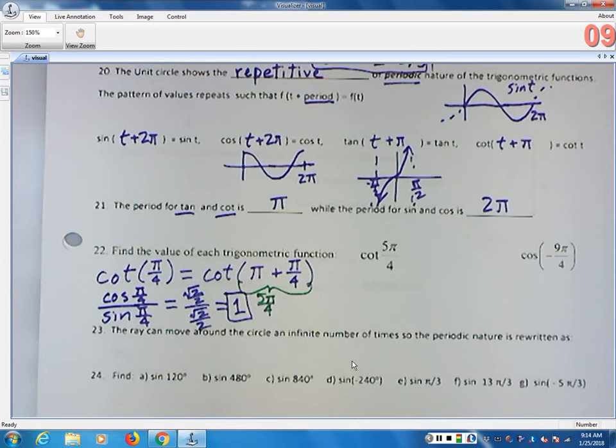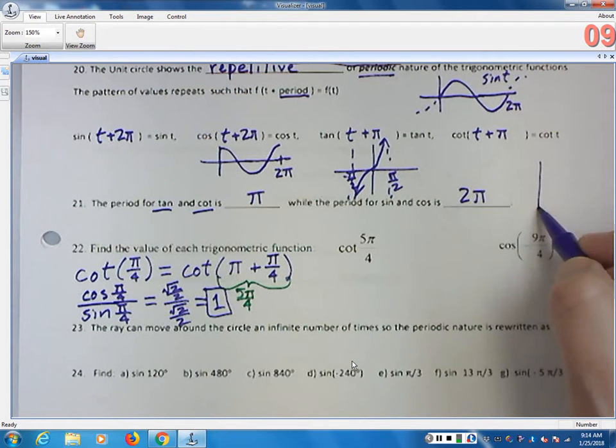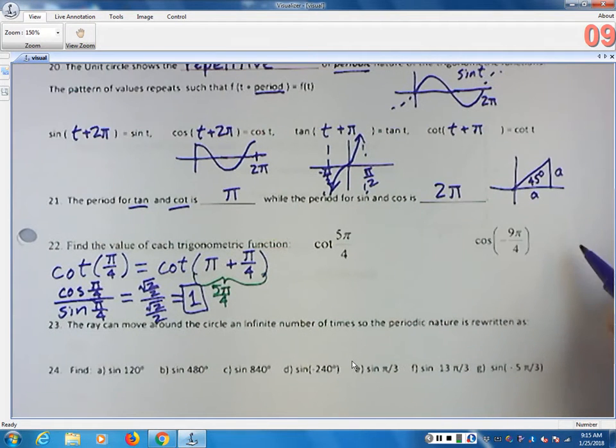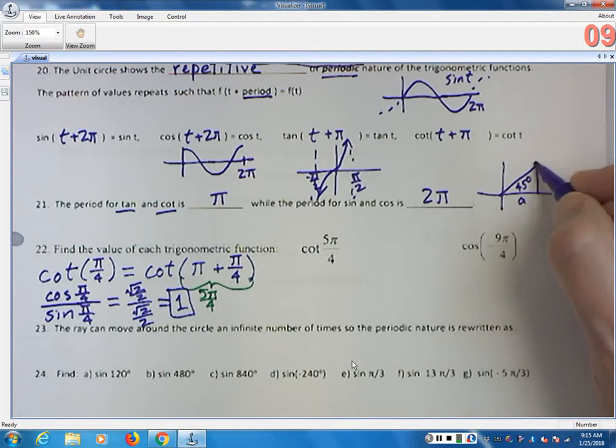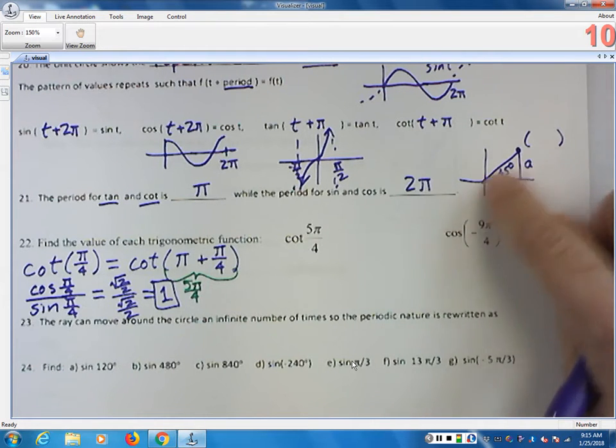I can get the unit circle out. I skipped a bunch of steps, but we made a picture. If this is 45 degrees, or pi over 4, same thing, then these sides are equal, and we found this point here by taking, the Pythagorean theorem says that this side squared plus this side squared equals the hypotenuse squared.